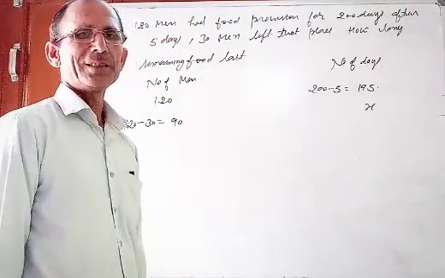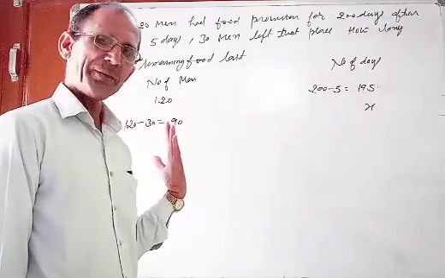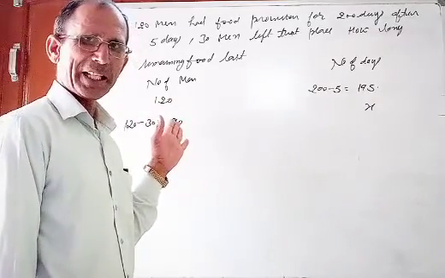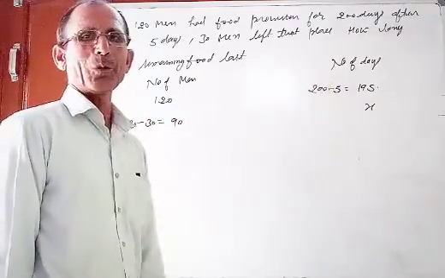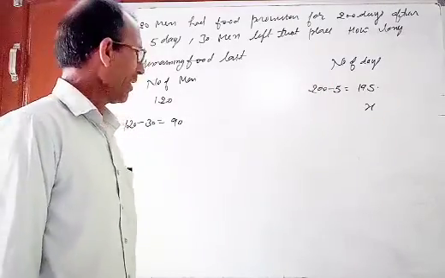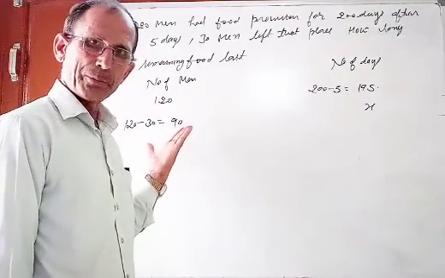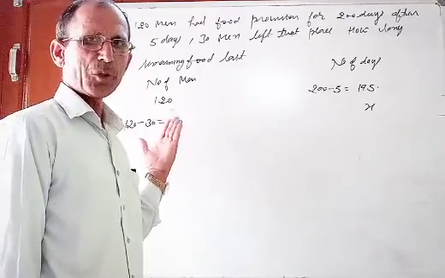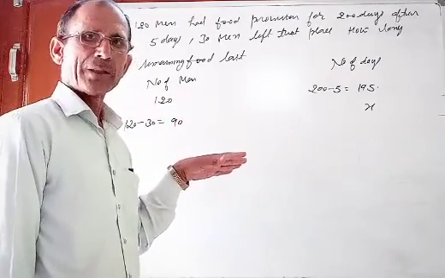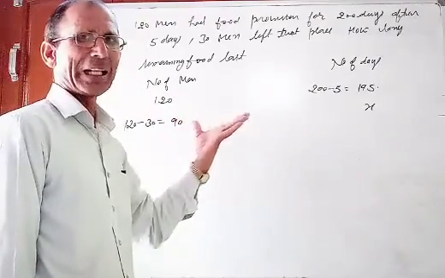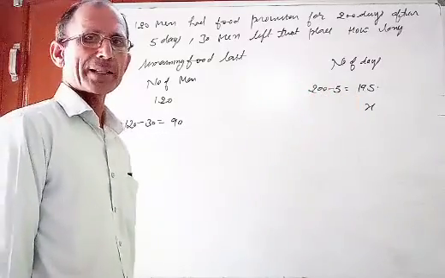Have you understood? Because after 5 days, 30 men left. So for 120 men, food was enough for 195 days. Now 30 men left, it means 90 men remain. So we have to find for how long the food will last for the remaining men. So I will assume x days.